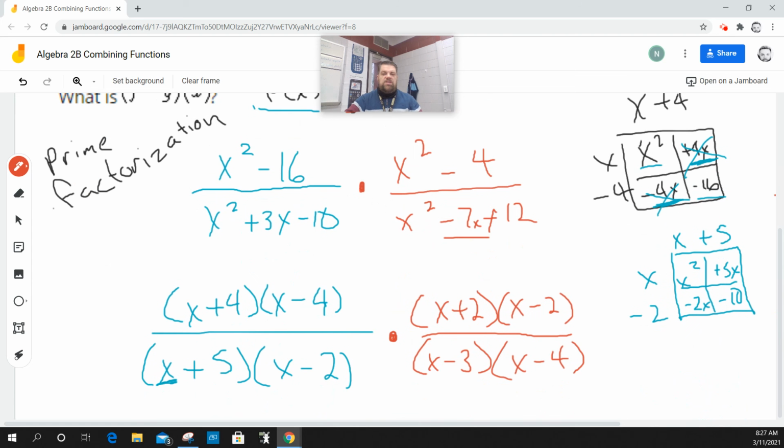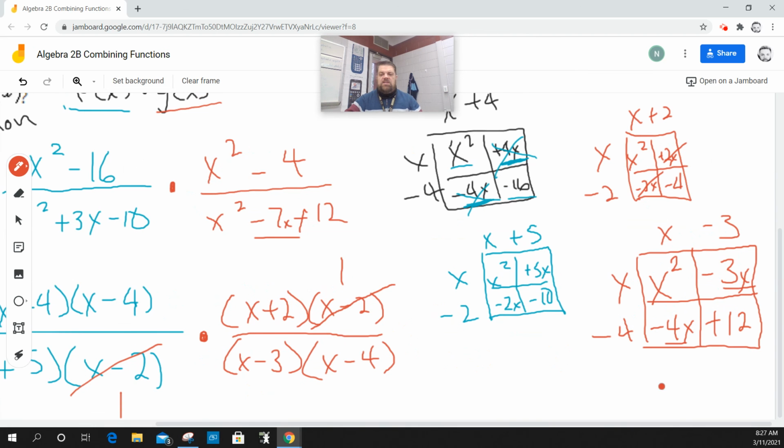But now here's an interesting thing. X minus 2 divided by x minus 2 is just 1. Anything divided by itself. I'm saying x minus 2 over x minus 2 equals 1 over 1, because they're the same thing.